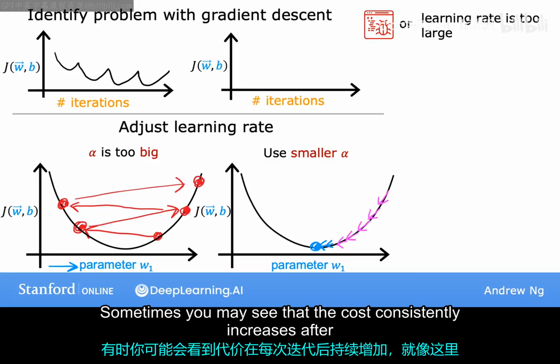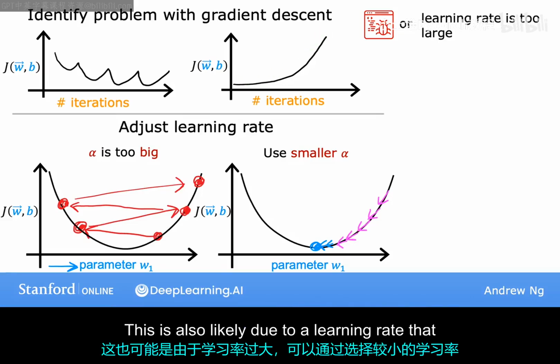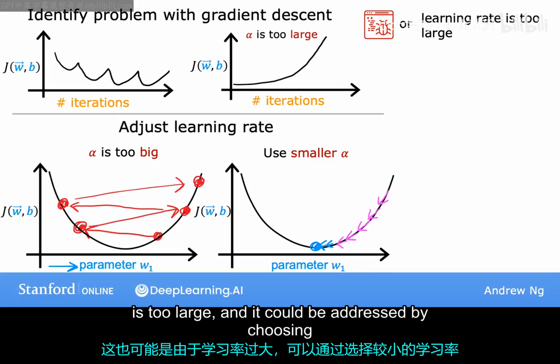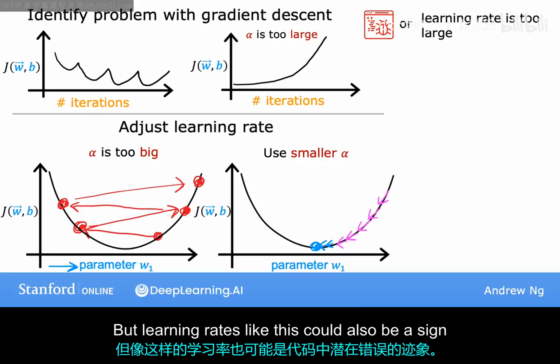Sometimes you may see that the cost consistently increases after each iteration, like this curve here. This is also likely due to a learning rate that is too large, and it could be addressed by choosing a smaller learning rate. But a curve like this could also be a sign of a possible bug in the code.